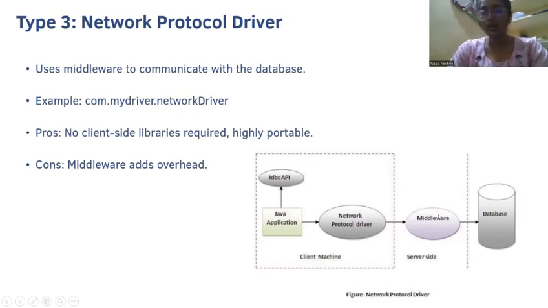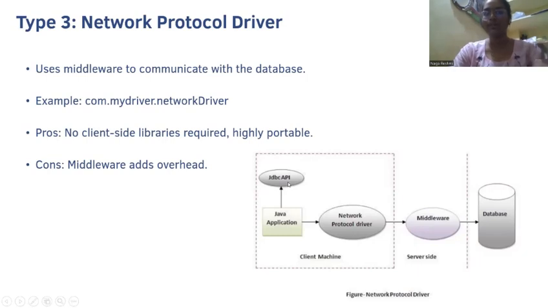Here we use a middleware to connect to the database. The pros of this driver are no client-side libraries are required and it is highly portable. And the cons are middlewares add overhead. As we use middlewares, it adds more overhead for connecting the JDBC and the database.